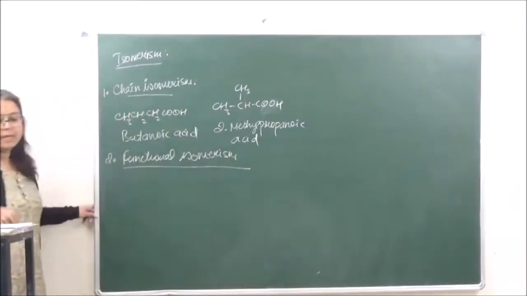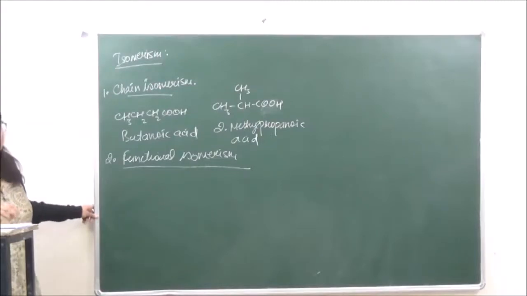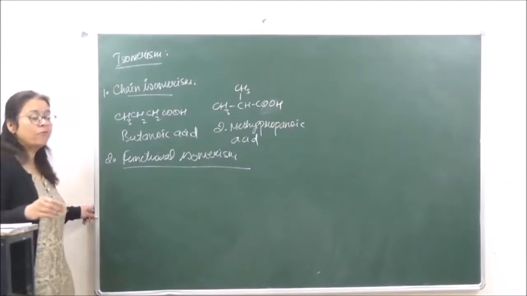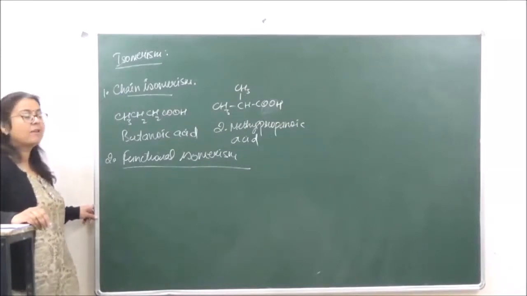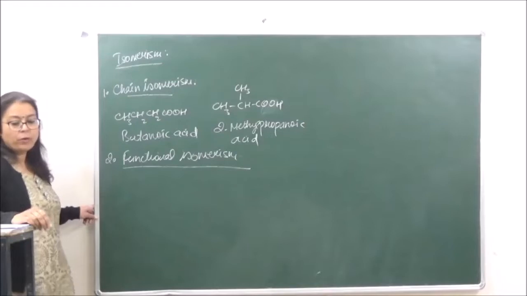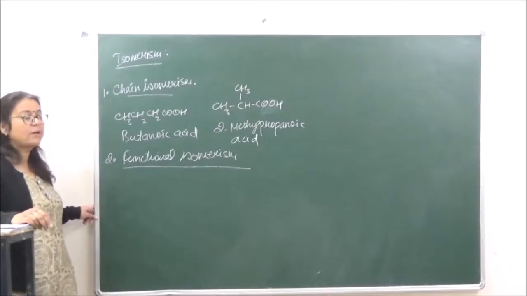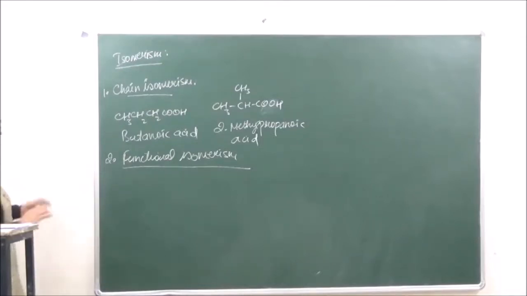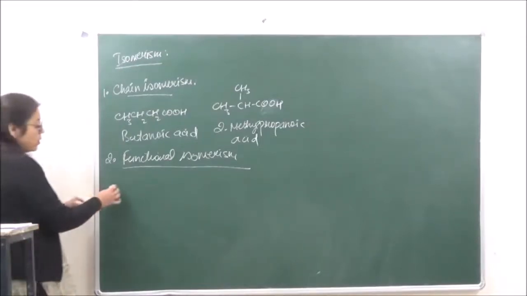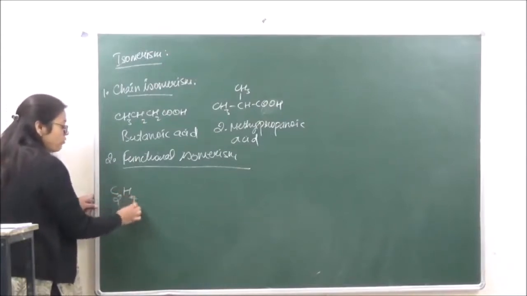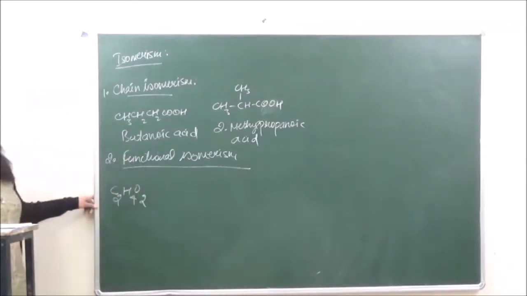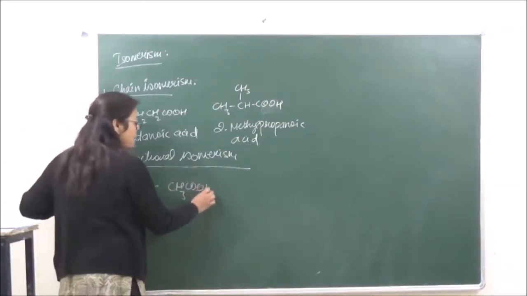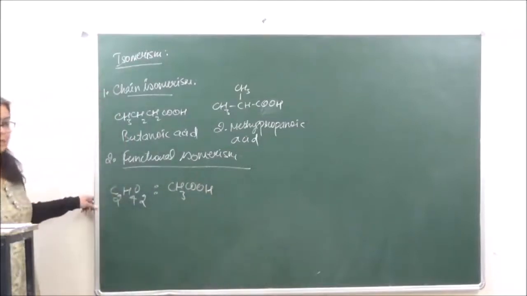Then the second type of isomerism it can exhibit is functional isomerism. When we are talking of monocarboxylic acids, they show many functional isomers, like esters, hydroxycarbonyl compounds, and hydroxyoxiranes. So if we take one compound with the molecular formula C2H4O2, the acid over here is the second member of the series, which is acetic acid.